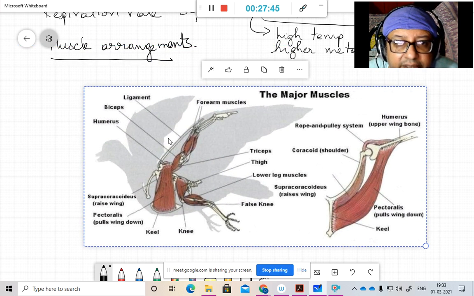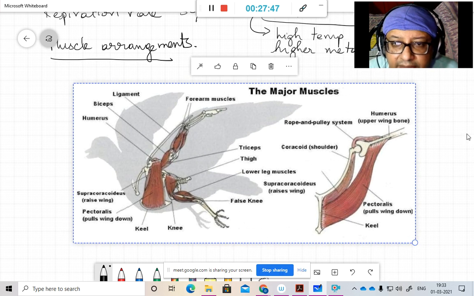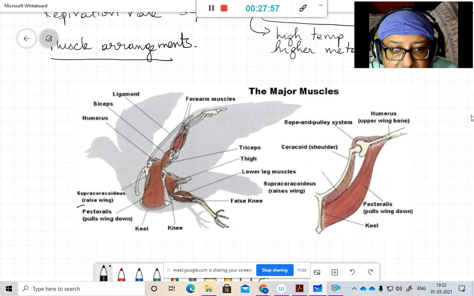So if you look at this, you will see the following muscles. This is the pectoralis muscle. Let's use a different color. It pulls the wings down.